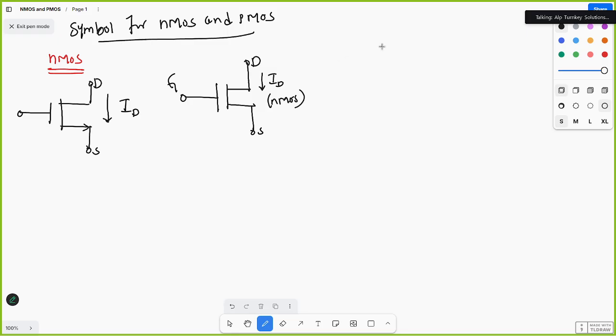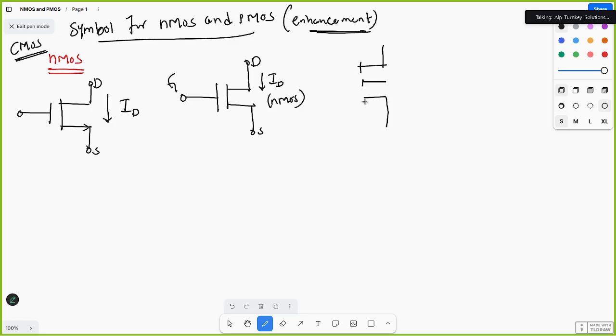With respect to body, how we are representing, that means which type of MOSFET you are using in CMOS, either enhancement MOSFET or depletion MOSFET. Enhancement MOSFET means channel is not there. You need to develop the channel by applying a positive gate voltage for NMOS and negative gate voltage for PMOS. Here the symbol shows a break, since channel is not there.